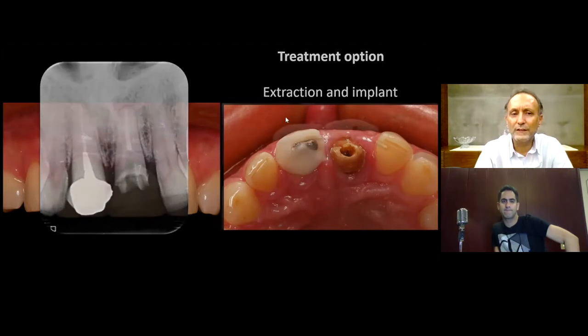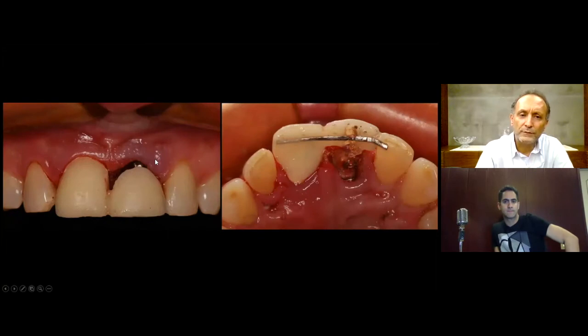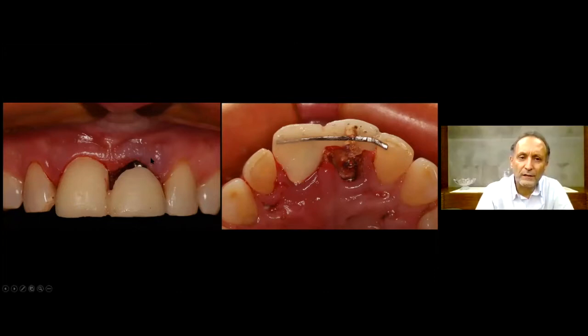As you can see on the left screen, when you see the gingiva like aging tissue, with wrinkles on the gingiva, it means that there is no bony support. So extracting this root will end up with a very severe vertical defect, as you can see, the palatal defect also.